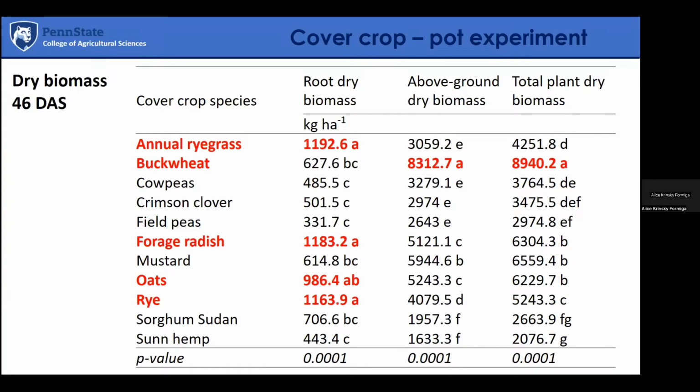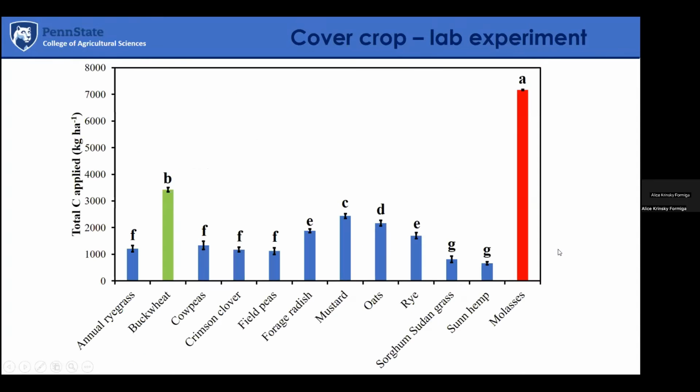So in this table here, what you can see is a summary of the total plant dry biomass, with the root and the above ground dry biomass. The main thing that emerges here is that buckwheat had the highest total plant dry biomass, but there were also other crops that were really interesting and they were right behind it.